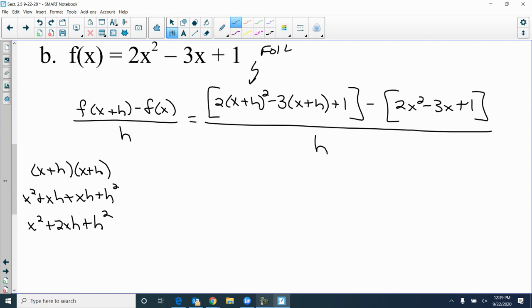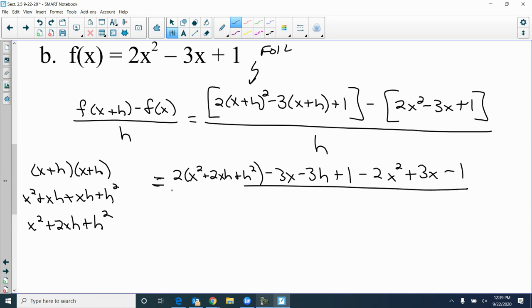So now it becomes 2 on the numerator times x squared plus 2xh plus h squared, minus 3x minus 3h plus 1, minus 2x squared. Make sure that's a plus 3x and make sure it's a minus 1, all over h. Distribute that 2 and combine any like terms.